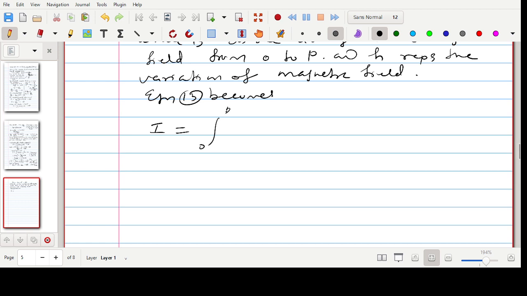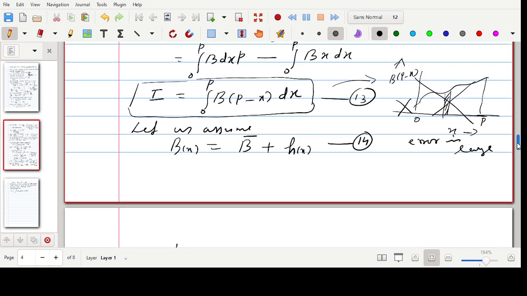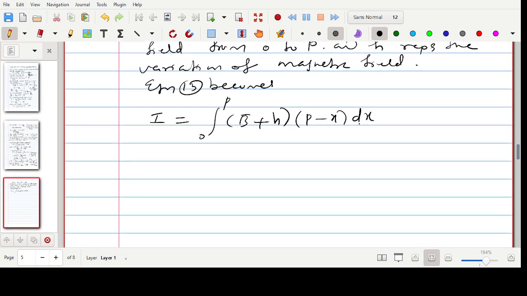the integral 0 to p. Instead of b, I am writing b bar plus h, into p minus x dx. Is it right? I am splitting into two terms: b bar into p minus x dx, and another term, h into p minus x dx.